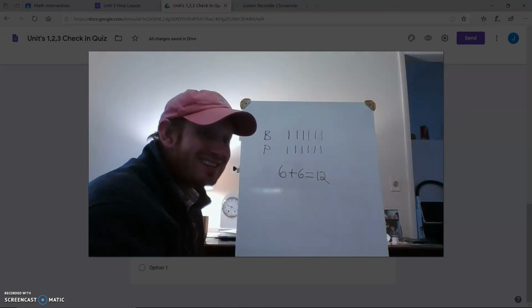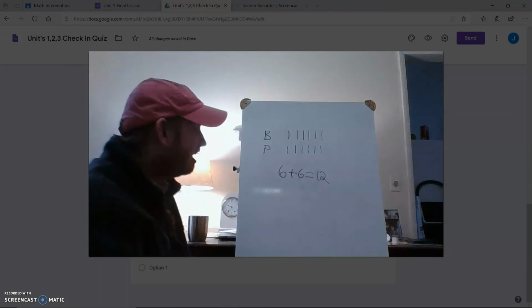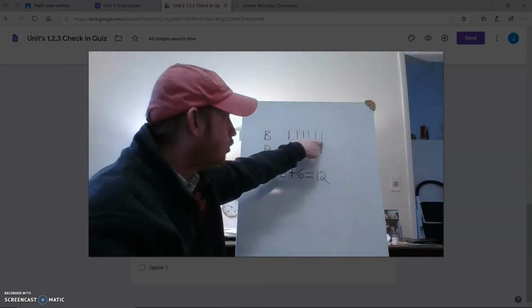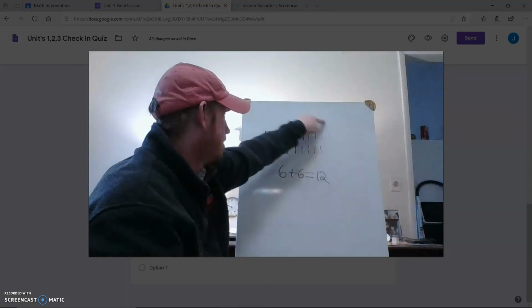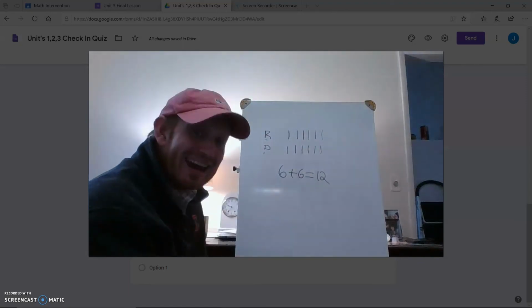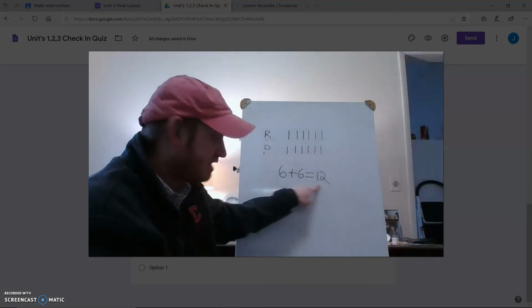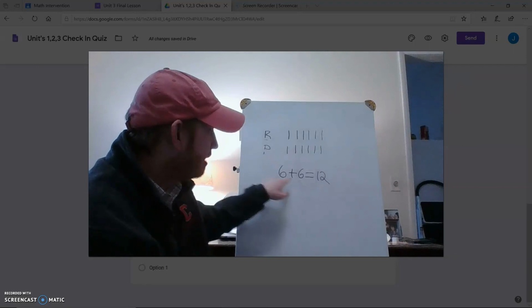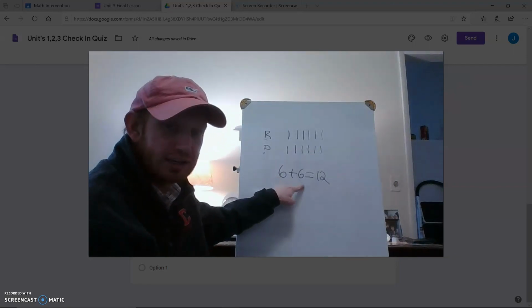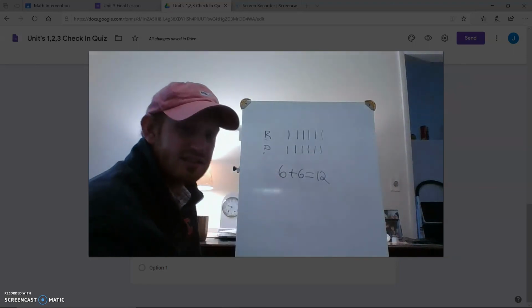And so we know this is an even number because it has 2 equal groups, and because in a number sentence, you can make a doubles fact to get your answer. 6 plus 6 is a doubles fact.